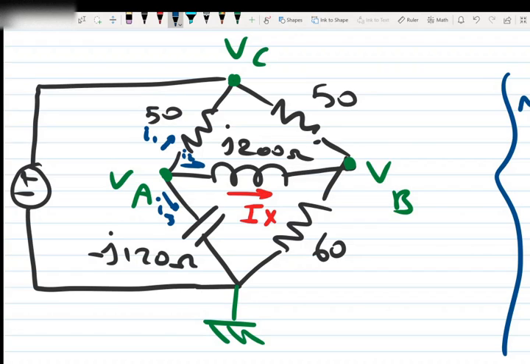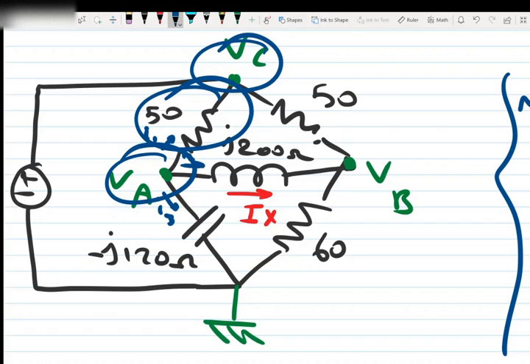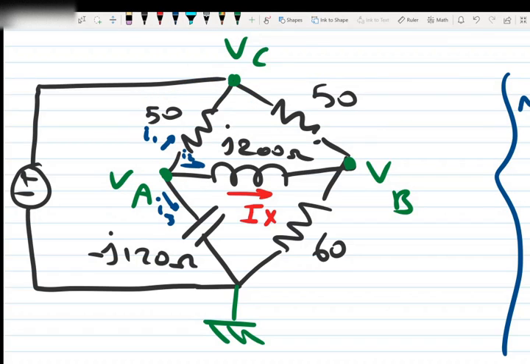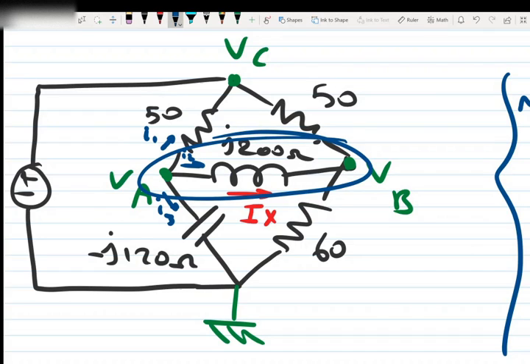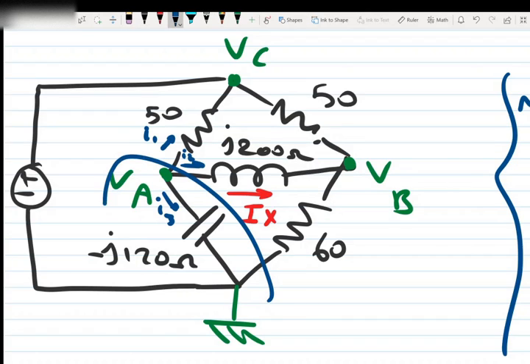Instead of writing I1, we say VA minus VC over 50. So VA minus VC over 50 is I1. The next one, instead of I2, we write VA minus VB over J200. And finally, instead of I3, we say VA minus 0 over negative J120 is equal to 0.